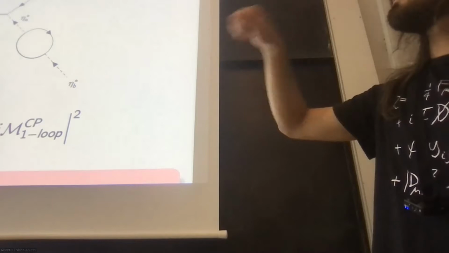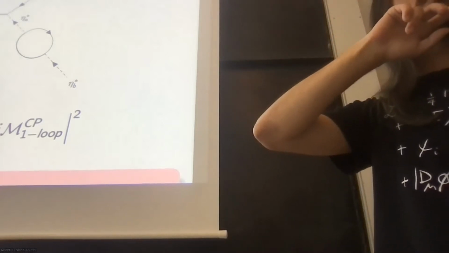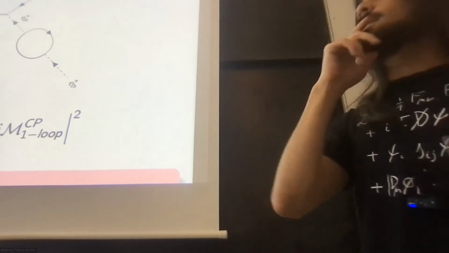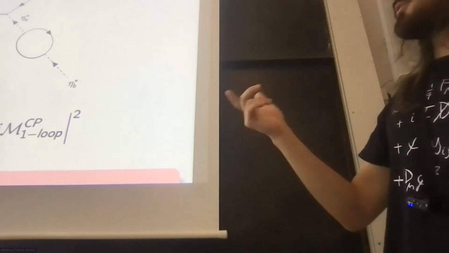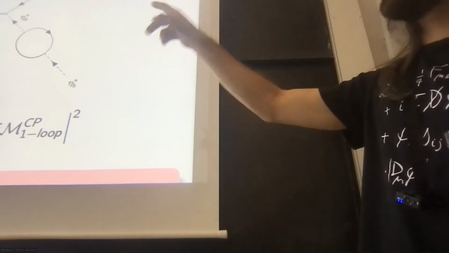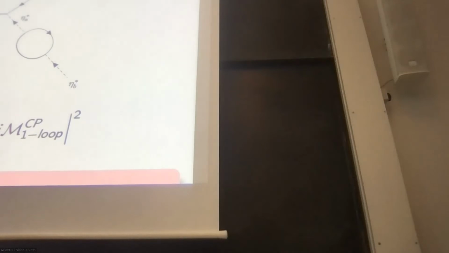In this kind of model, usually one has a wave function correction and a vertex correction. In this case, I don't think you get a vertex correction, because you would have to couple this fermion propagator to another fermion propagator. You don't have a vertex that connects this, so I don't think you would get a vertex correction.